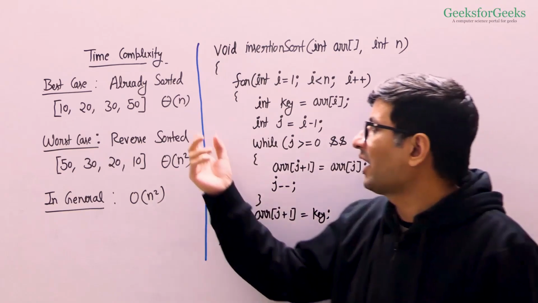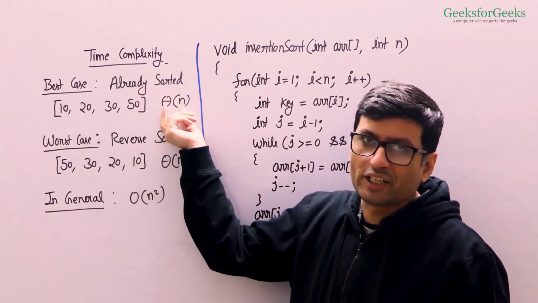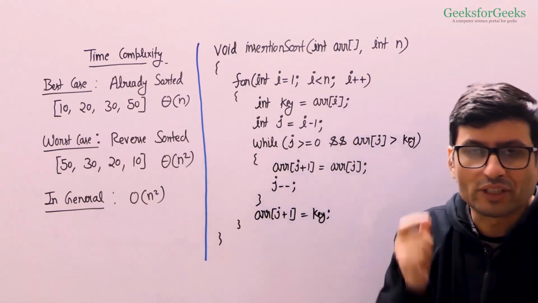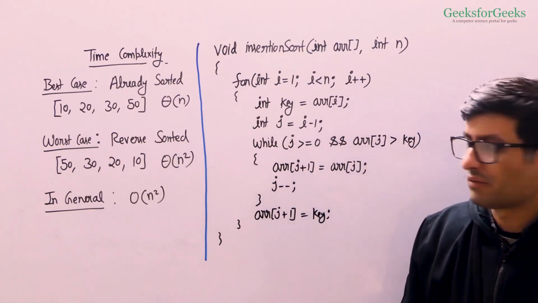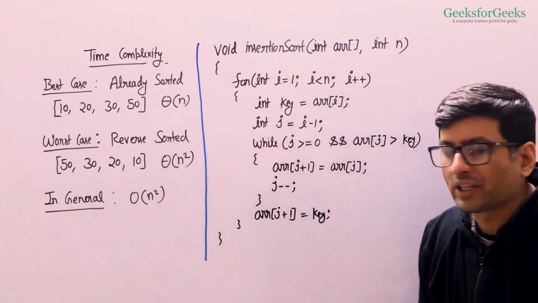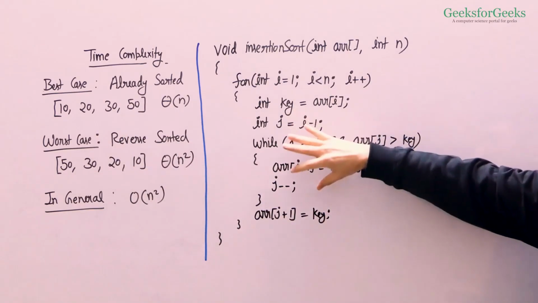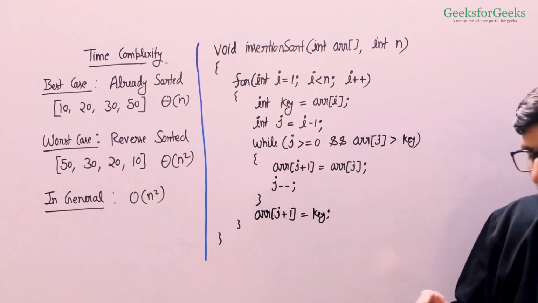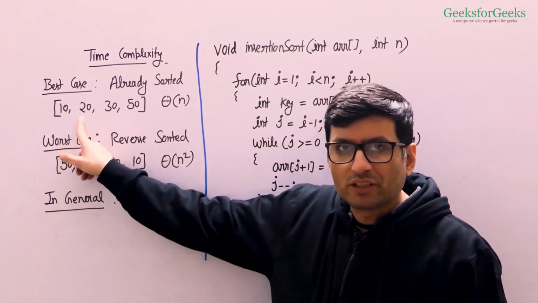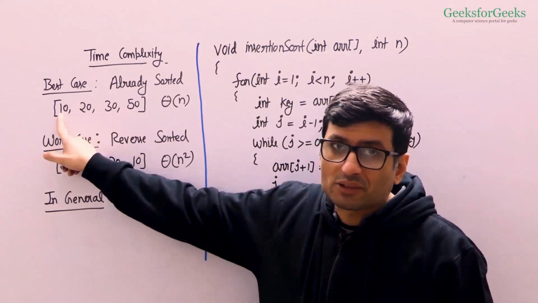Let's now see how it's theta n in best case, and when does the best case occur? Best case occurs when your input array is already sorted. For example, your array is 10, 20, 30, 50. What happens in sorted array, you never go inside this inner loop. When you run for I equal to 1 in this example, your key is 20 and previous element is smaller, right?